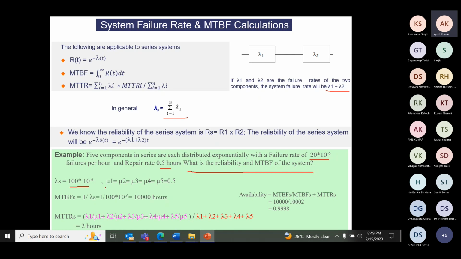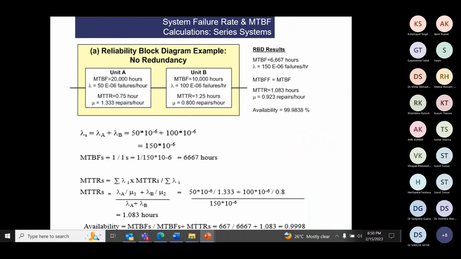Mu, the repair rate, is 0.5. MTBF is 1 by lambda s, 1 by this much hour. So you find the MTBF, you have MTTR. Availability means MTBF by MTBF plus MTTR, 98%. The formula is the same thing.